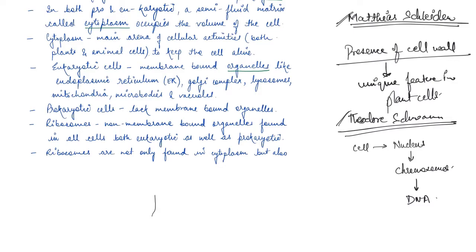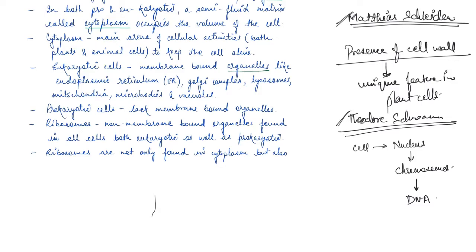Now, within the cells, ribosomes are not only in the cytoplasm, but they are present inside two organelles as well. They are present in chloroplast and on rough endoplasmic reticulum as well, right? So there are certain organelles which are present inside some organelles as well. And then there are different components in animal and plant cells, like the presence of a cell wall in plant cells.